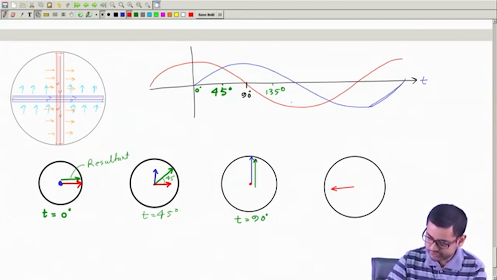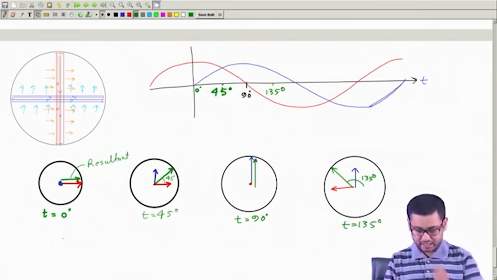Blue is positive, but not the peak. So the resultant will be this. So this angle is 135 degrees. So this is at t equals 135 degrees.